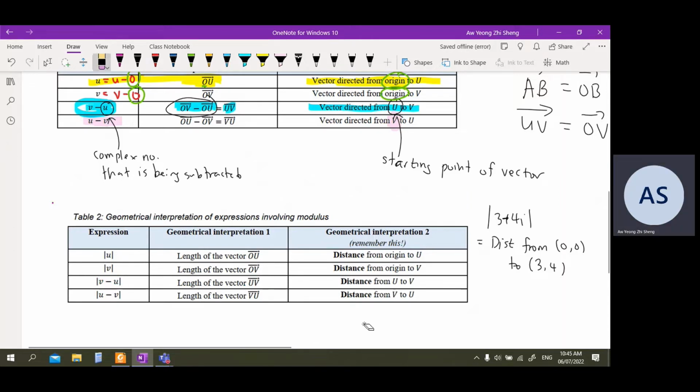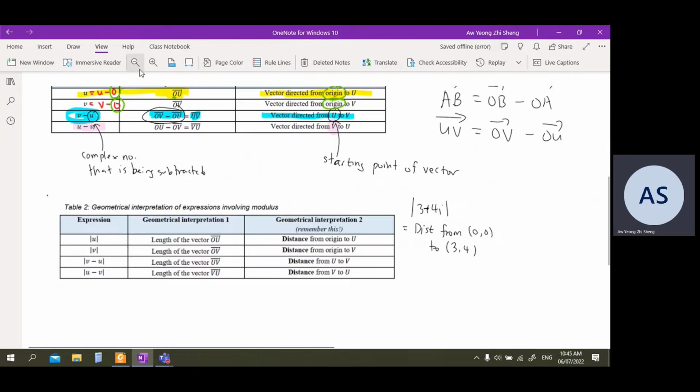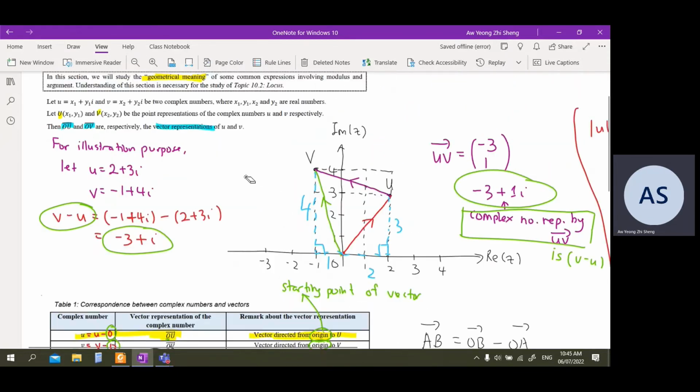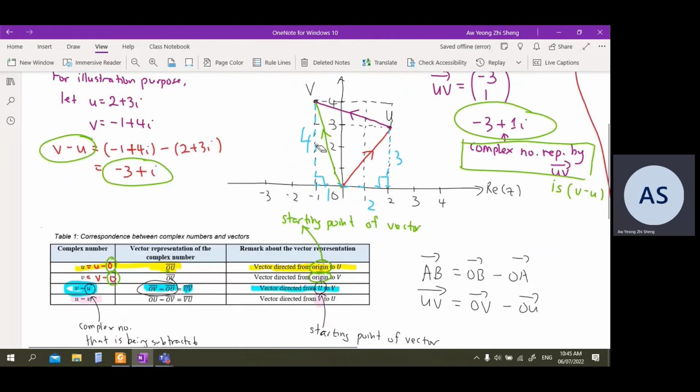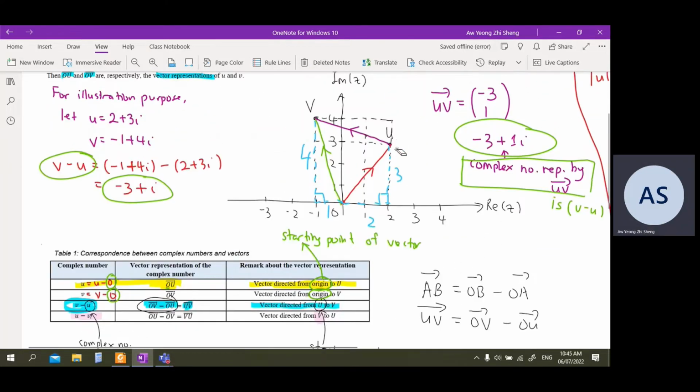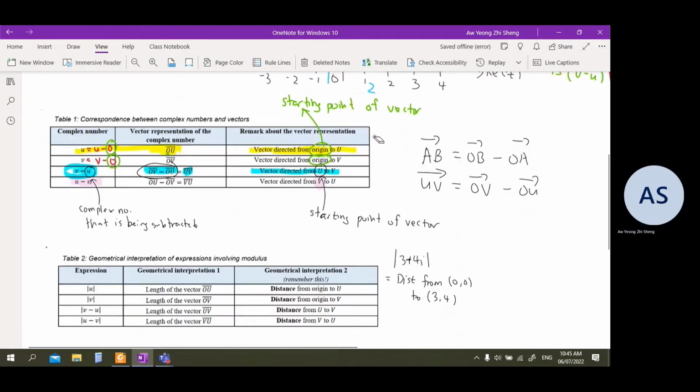That means that when the Argand diagram is already available, you can easily use your Argand diagram to find the length of the vector uv and just take it as the value of the modulus of v minus u.